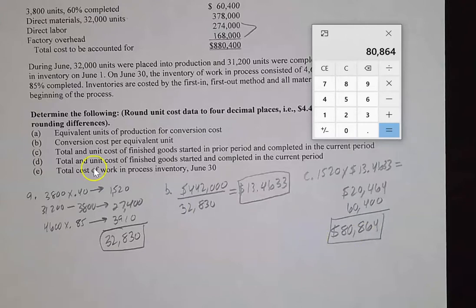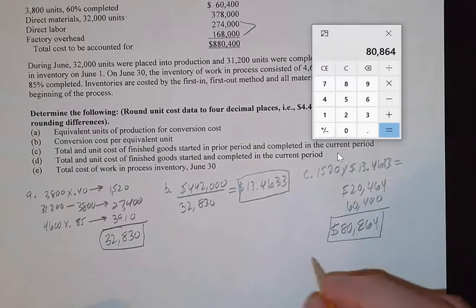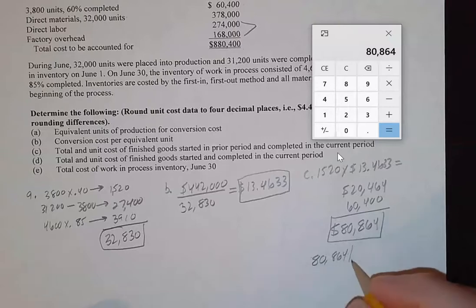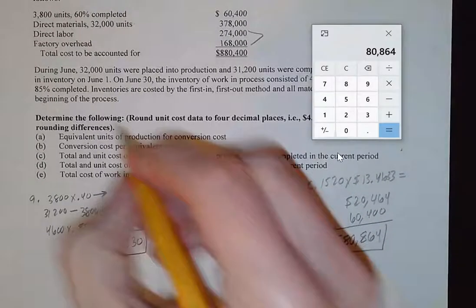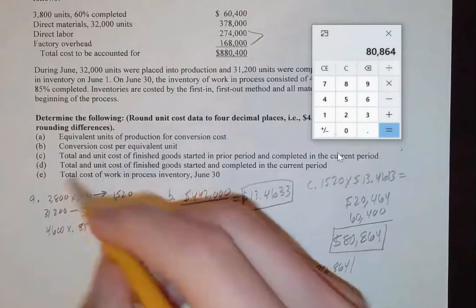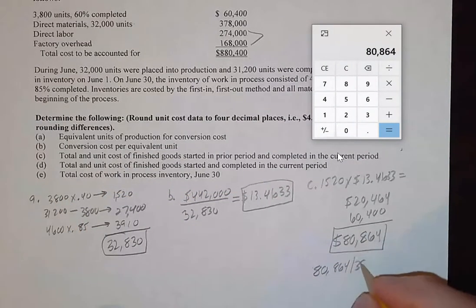However, they also want the unit cost for finished goods started in a prior period and completed in the current period. So also in C, we're going to need to take our 80,864 and divide by all 3,800 units that had been started in the prior period. Okay?